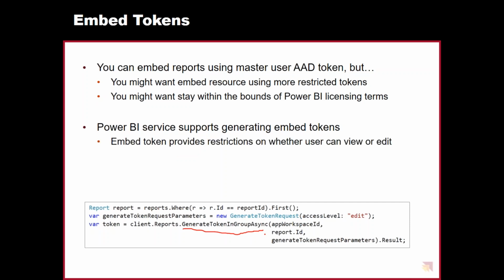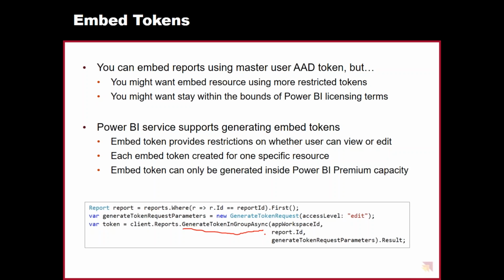The embed token provides restrictions on what the user can see and whether the user can just view or the user can edit. The embed token is created for one specific resource. So if you create an access token for report 1, you cannot use it with report 2. The embed token can only be generated when you are inside of a Power BI premium capacity.